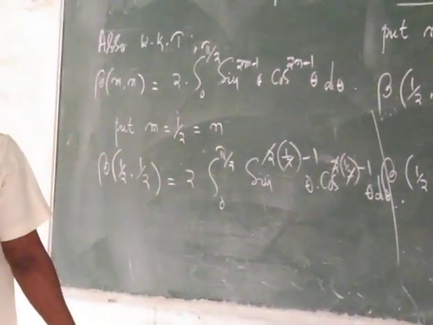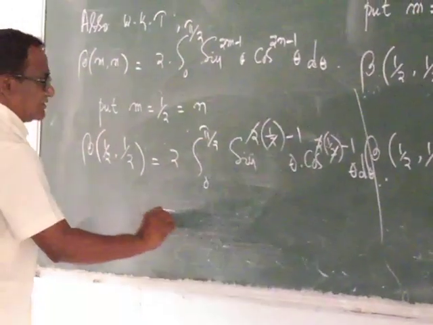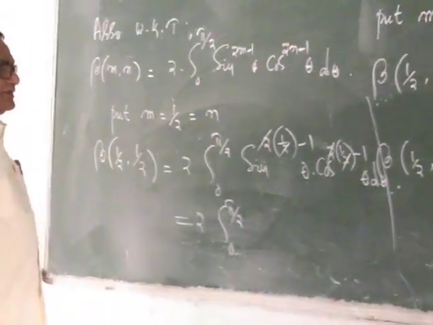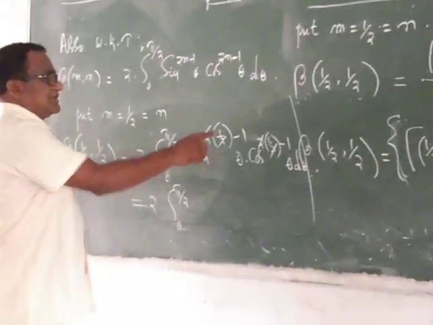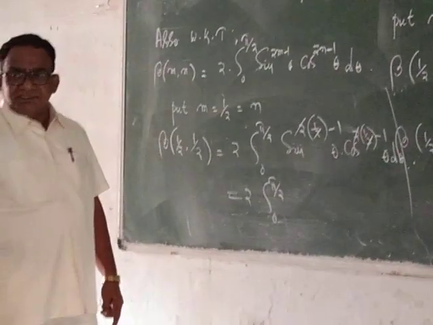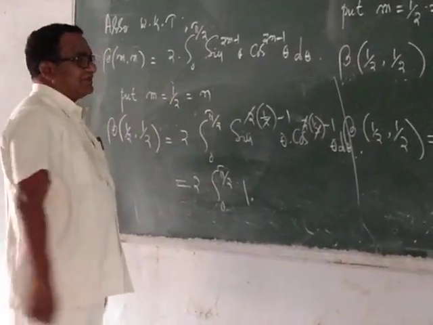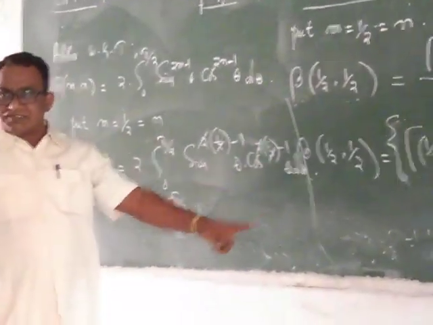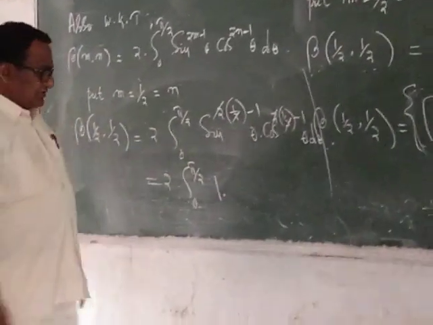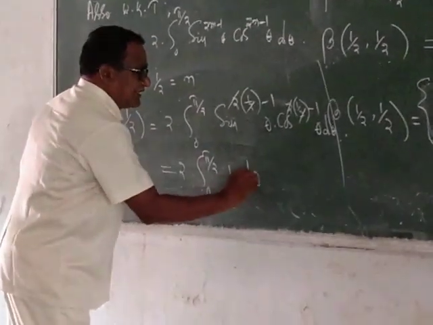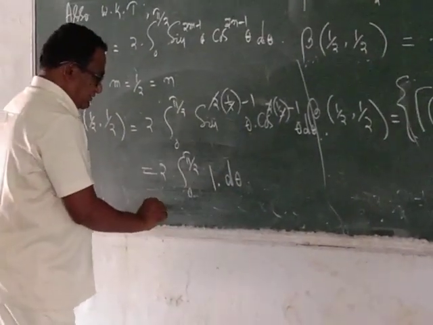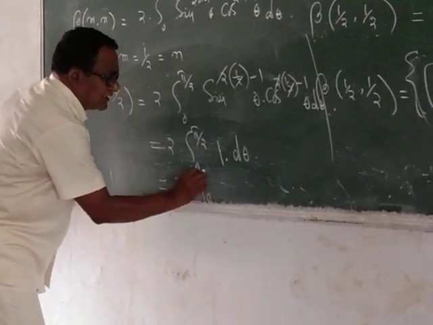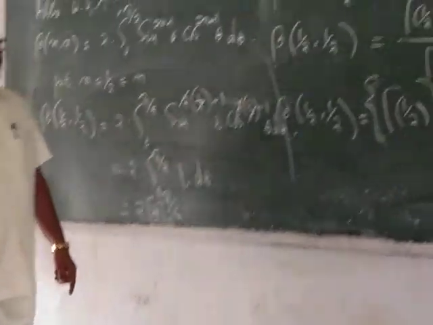Now this is equal to 2 times the integral from 0 to pi by 2 of sin to the power 1 minus 1, which is sin to the power 0 theta, equal to 1. Similarly, cos to the power 1 minus 1 is cos to the power 0 theta, also equal to 1. So there is no need of writing it into d theta. This is equal to 2 into the integration of 1 with respect to theta, which is theta, with limits from 0 to pi by 2.